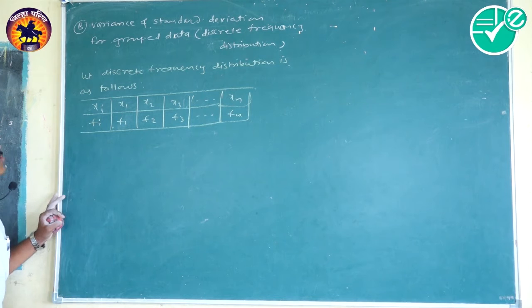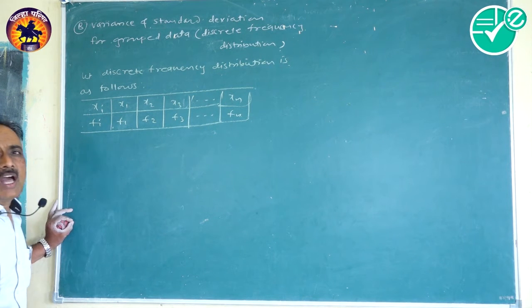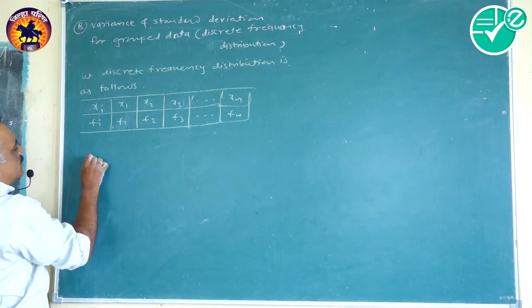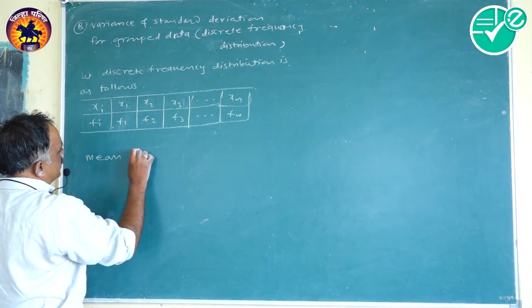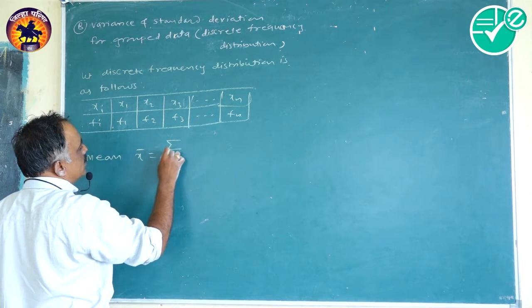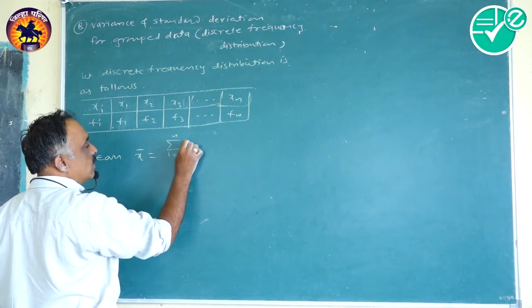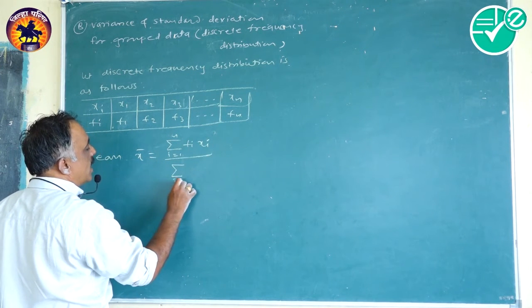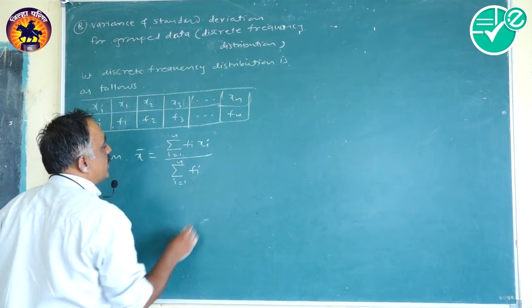So naturally, to get variance or standard deviation, very first I will have to find the mean. Then mean x bar is equal to, you know how to find the mean, sigma i equal to 1 to n of fi xi divided by sigma i equal to 1 to n of fi.